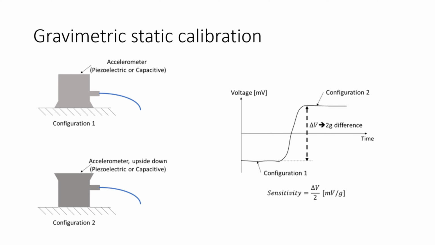Now, because we're going from minus 1G to plus 1G, we need to also take this delta V value and divide it by 2G. So this is a very simple way that gives us the sensitivity values for capacitive accelerometers.